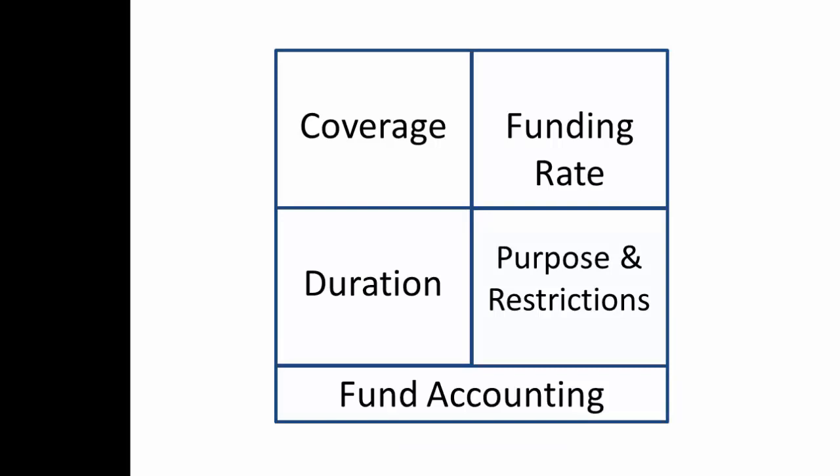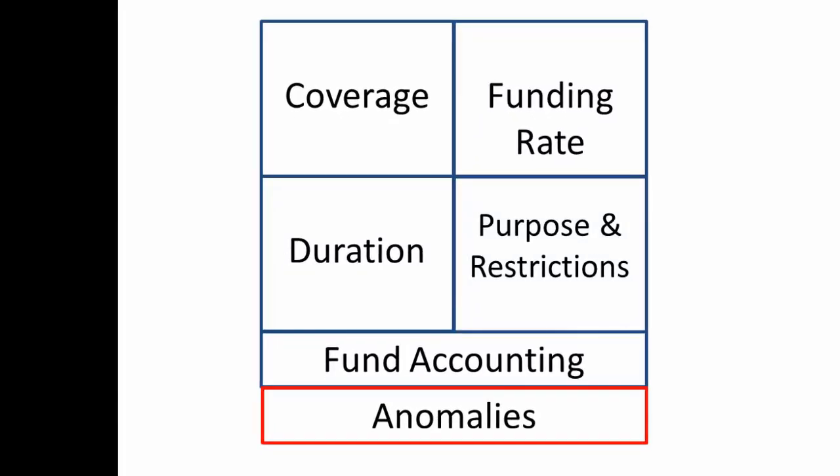But in any given year, there will always be exceptions, otherwise known as anomalies. While the basic building blocks vary very little from year to year, the anomalies can vary greatly depending on the circumstances at the time. These may be exceptions to purpose, amount, and duration. Let's take a look at some examples of anomalies.